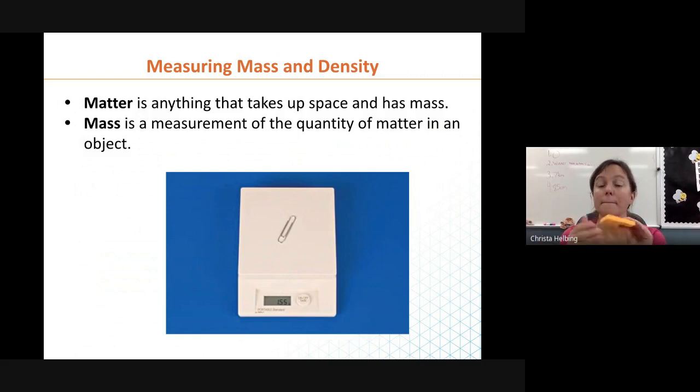Because we're looking at the mass compared to the volume. And so the mass compared to the volume is greater on the lead. And when we're talking about that, what is it that we're exactly measuring? Well, that's a measure of matter. So when I'm talking about density, we're talking about, well, what kind of matter is it made of? Is there a lot of matter in that space, or is there a little bit of matter in that space?